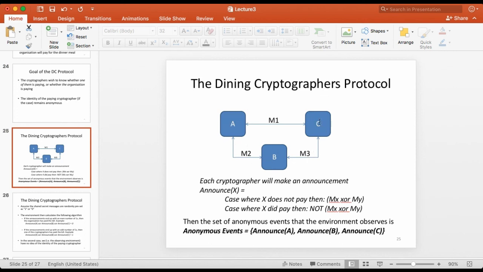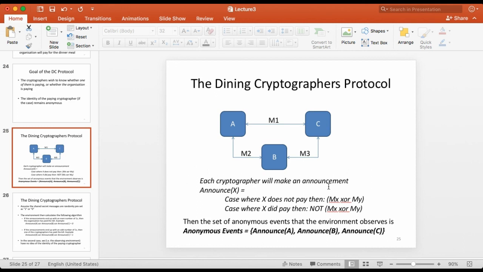Okay, so A shares a message with C called M1. C shares a message with B called M3, and B shares a message with A called M2. So essentially A knows about M1 and M2, B knows about M2 and M3, and C knows about M1 and M3, and that's the knowledge they have.